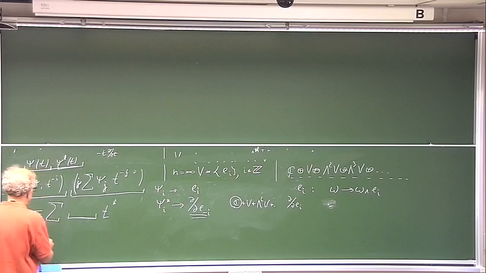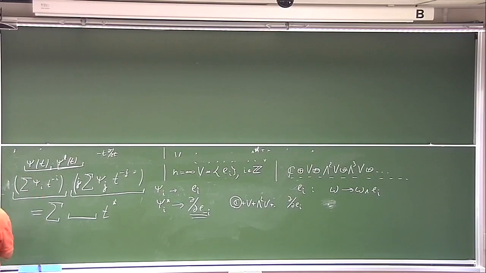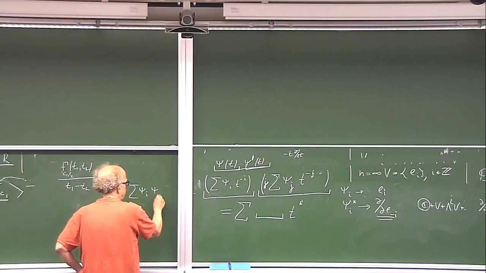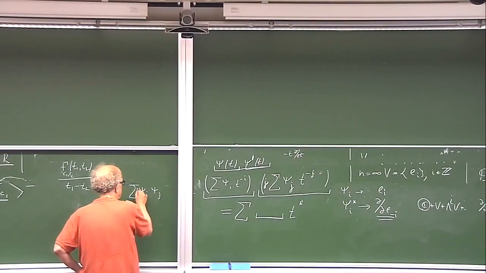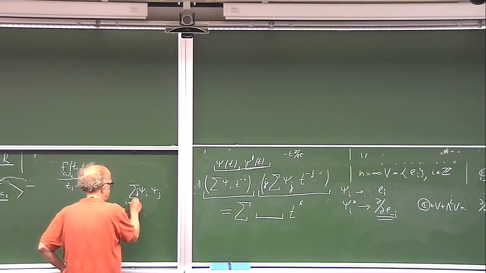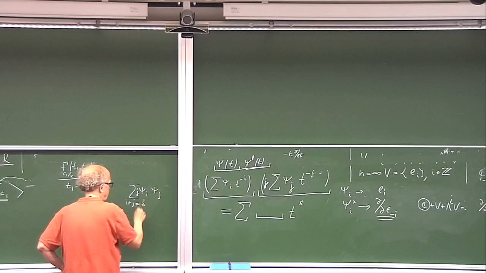This coefficient will be just a sum of psi_i psi_j times j, where i plus j equals s.